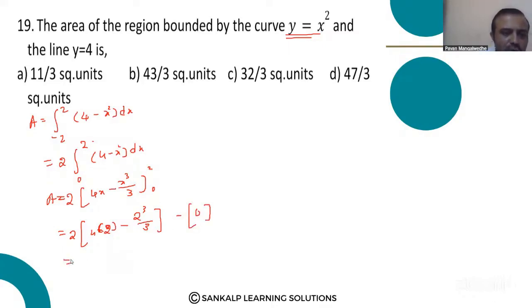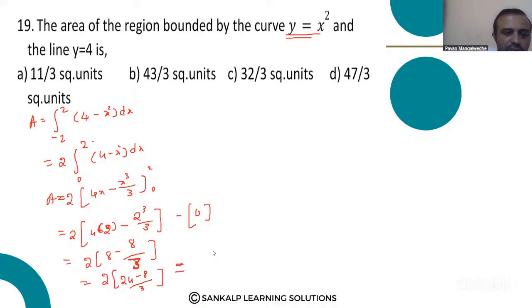Now the rest is 2 into 8 minus 8 by 3, which can be solved as 2 into 24 minus 8 by 3.